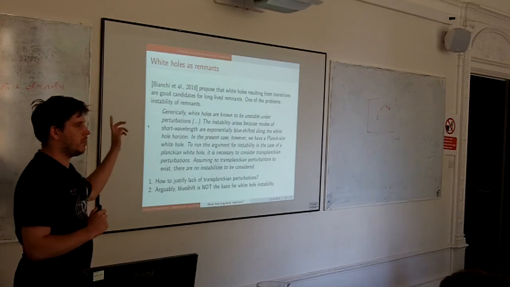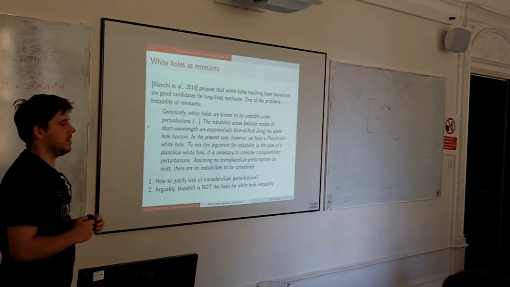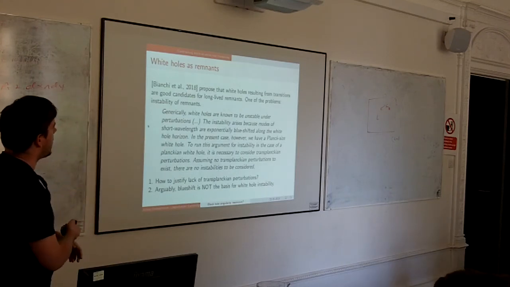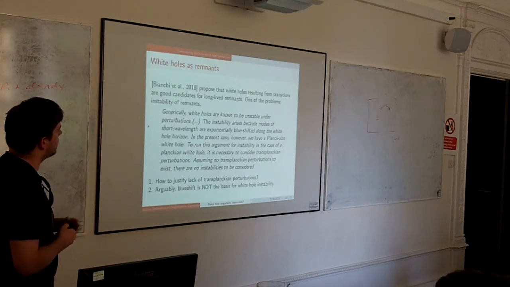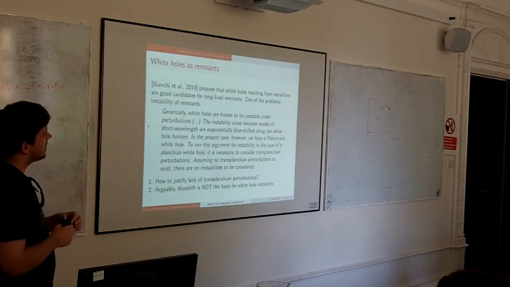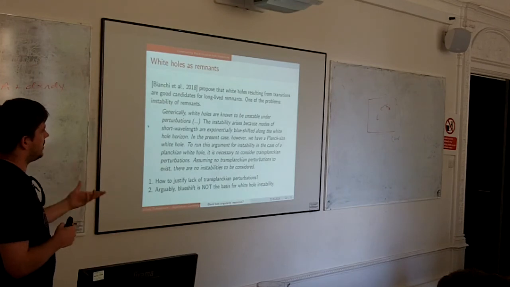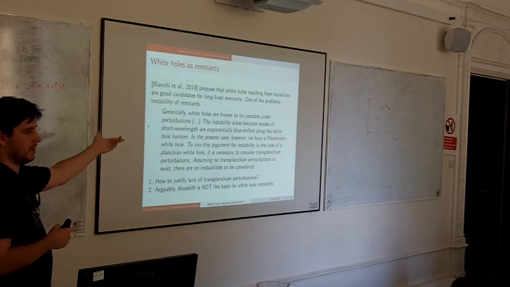Let me start with the remark on the recent paper. So Bianchi, Carlo, and others argued that perhaps white holes which result from transitions are good candidates for long-lived remnants.